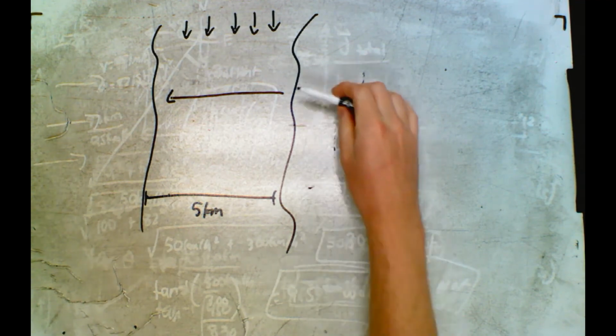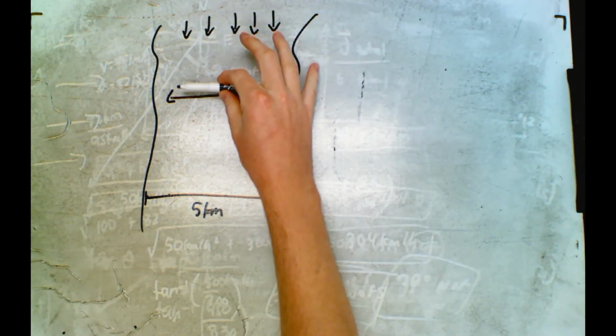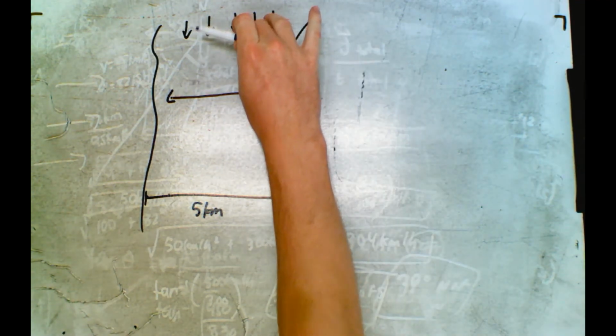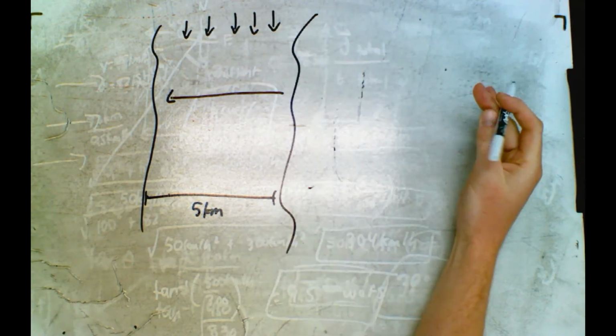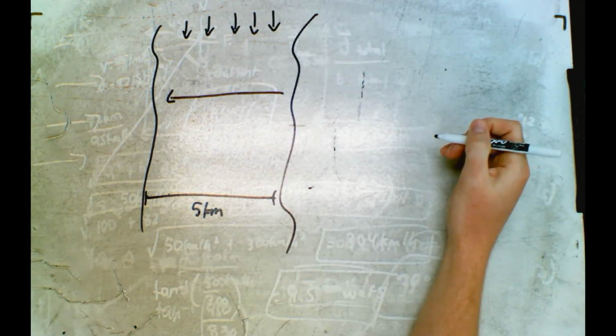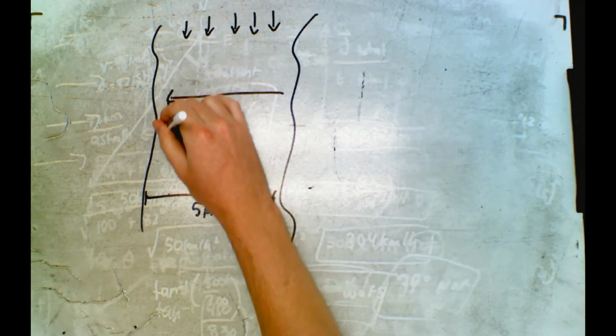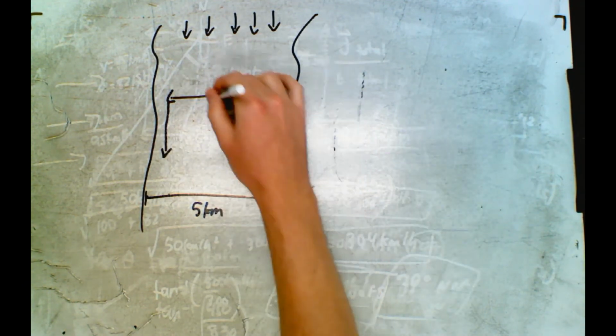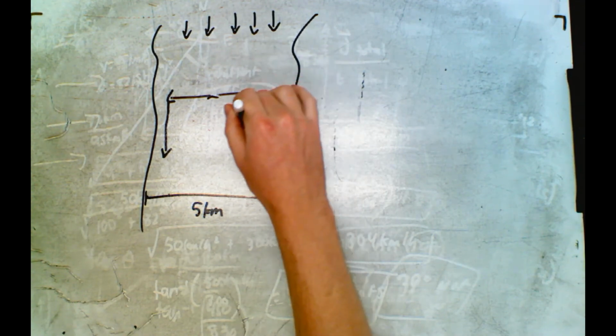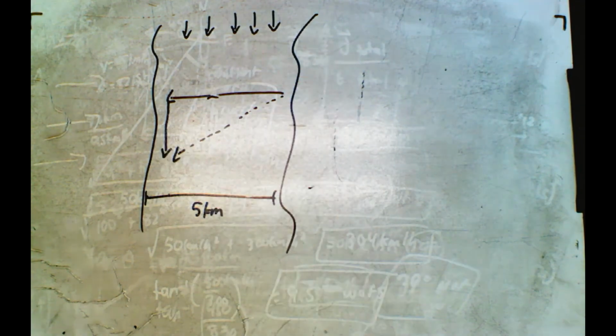So if my ferry is headed due west and my river is headed due south, it sounds like my ferry pilot is not compensating. So the river is going to push it that way. So this is my resultant. This would be an example of something that's not compensating.